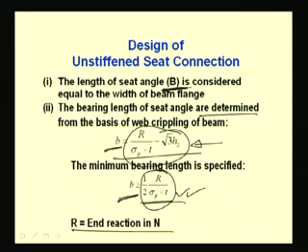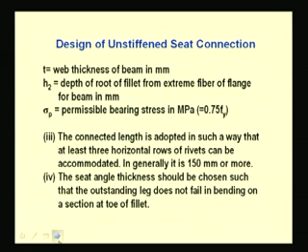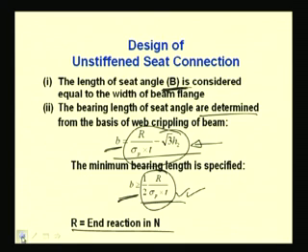Here R is the end reaction in Newtons, meaning the reaction from the load coming from the girder or from somewhere else. T is the web thickness of the beam in millimeters. Here we are using T, sigma P and H2 along with R.